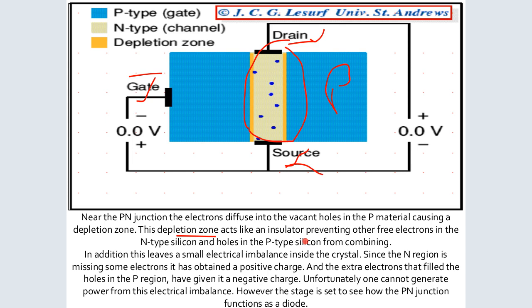Now that process creates what we call an electrical imbalance. And I've mentioned that property alone gives the diode its application in electronic devices. We're going to see how that is important. But for now, understand how the depletion layer is formed.